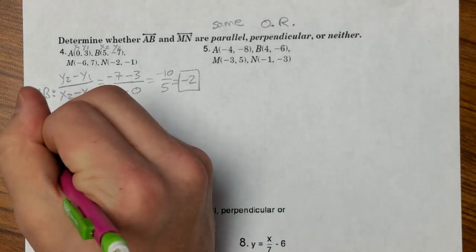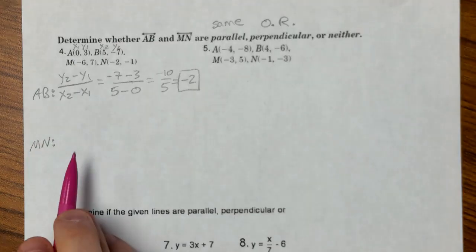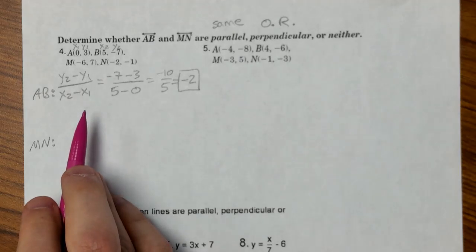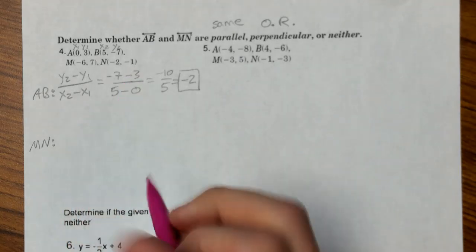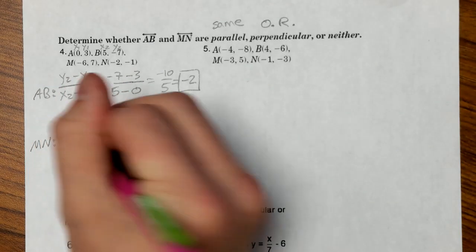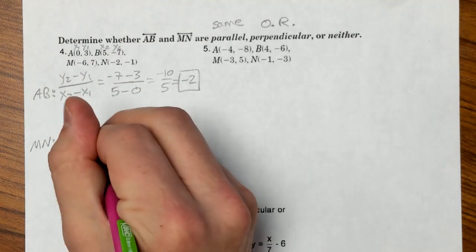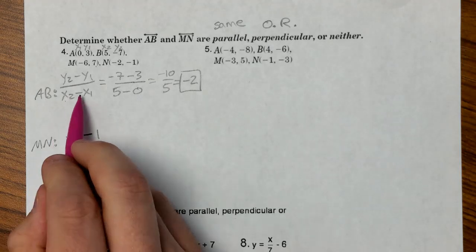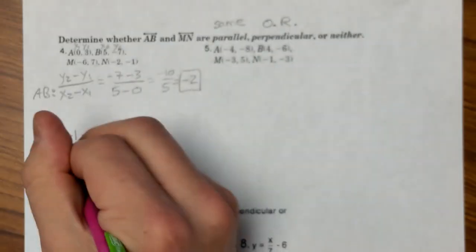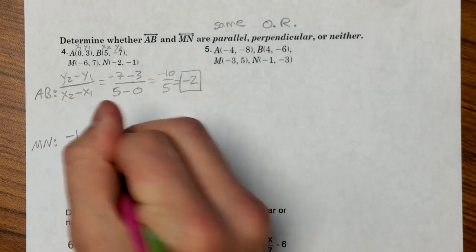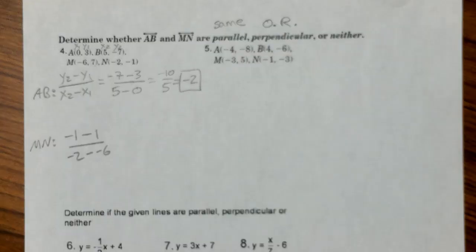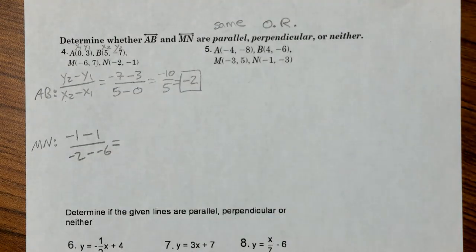So let's do it for m and n. I'm going to do the same equation, so I don't want to write it down again. I know that I'm going to do y sub 2, which is negative 1, minus y sub 1, which is 7, over x sub 2, which is negative 2, minus x sub 1, which is negative 6. Now that I have it plugged into my equation, I can just solve.